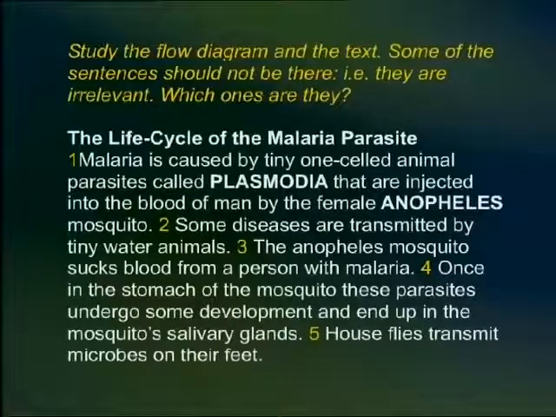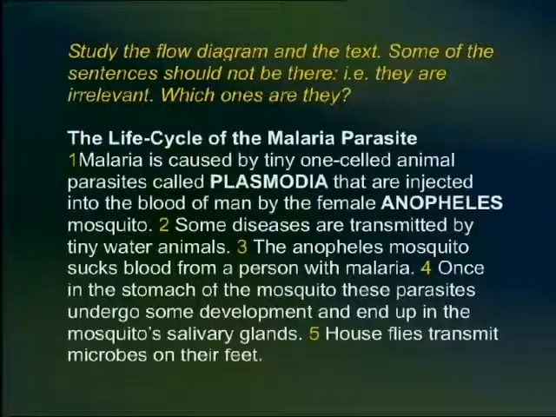Sentence number 1. Malaria is caused by tiny one-celled animal parasites called plasmodia that are injected into the blood of man by the female Anopheles mosquito. Number 2. Some diseases are transmitted by tiny water animals. Sentence number 3.